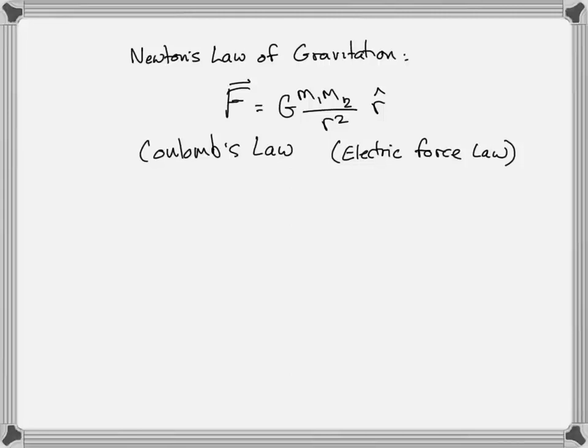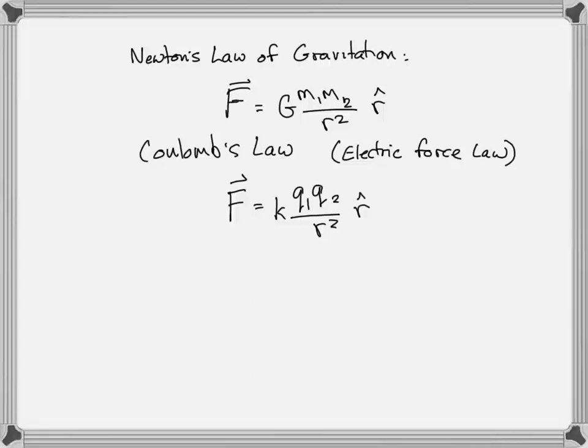And Coulomb's law, in the exact same way as Newton's law, tells us that the force is proportional to each charge and inversely proportional to their distance squared. Nothing new there. And the constant of proportionality here doesn't have a fun name like gravitational constant. It's just K. That's the constant of proportionality, and it is also a radial force.